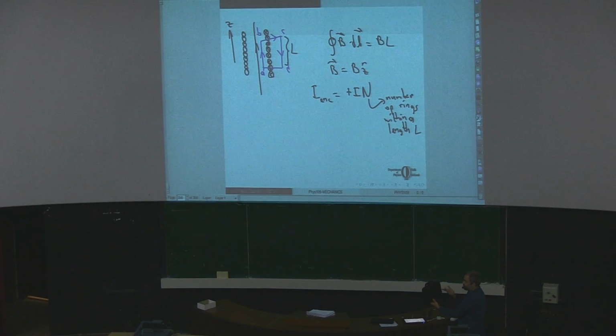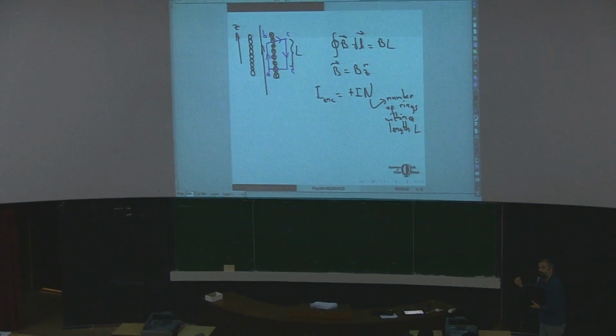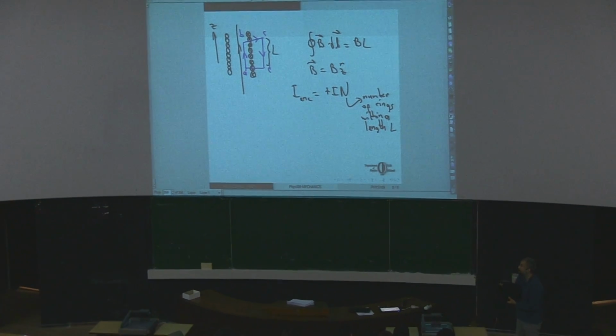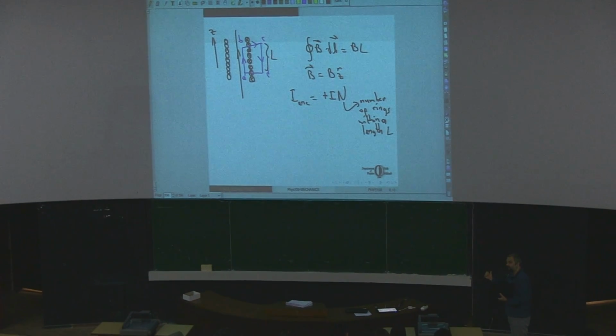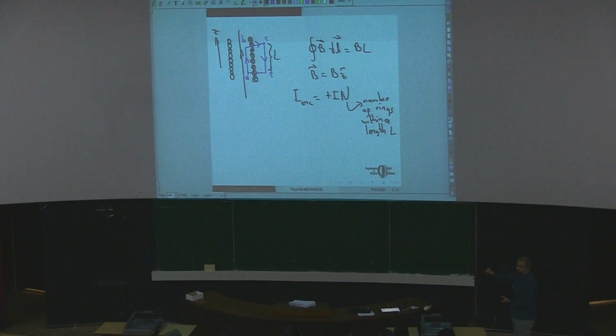Just take your right hand, curve your fingers in the direction of your loop. That is the direction that we assume to be positive for the current. So if a current is running in that direction, that's a positive current. If it is running in the opposite direction, that's a negative current.